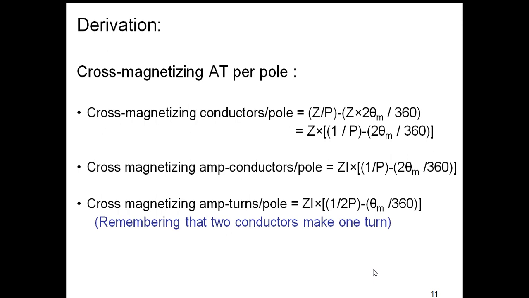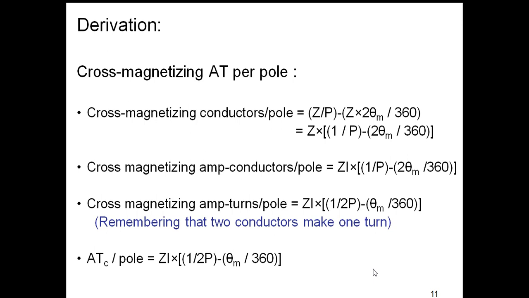And the cross magnetization ampere turns per pole is equal to Z I into (1/2P − θm/360), because two conductors make one turn.